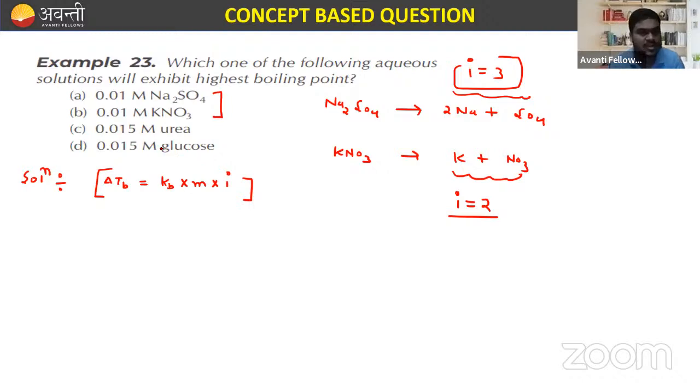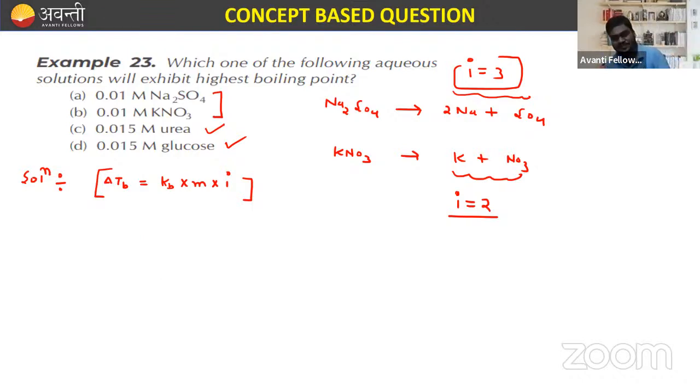Now, if I'm talking about this one, that is 0.1 molar of urea and 0.015 molar of glucose. Both are covalent compounds, right? Both are covalent compounds, with concentrations of 0.015 and 0.010, but each gives only one molecule of urea or glucose.